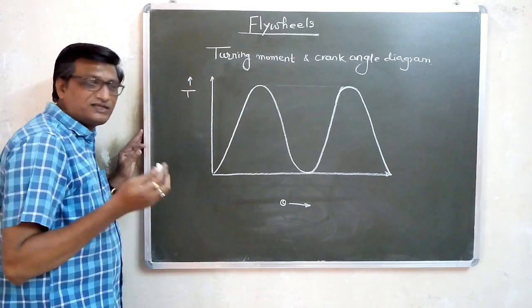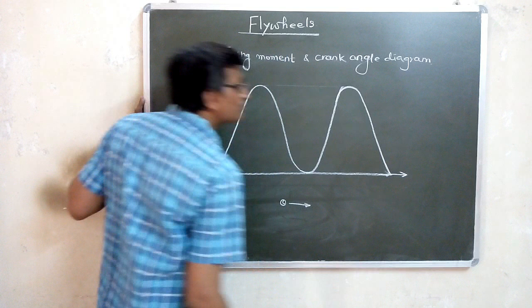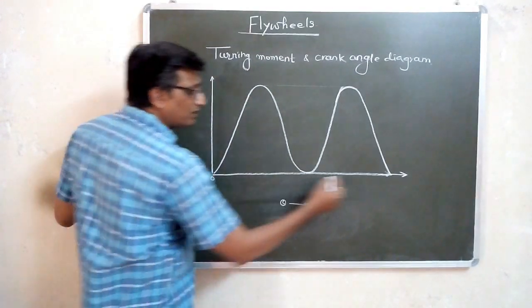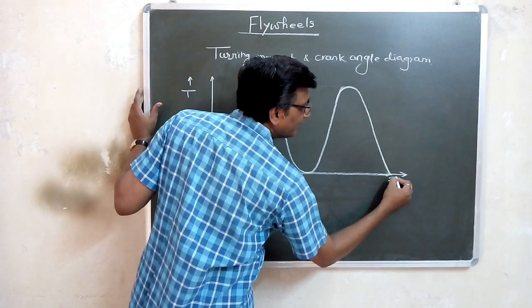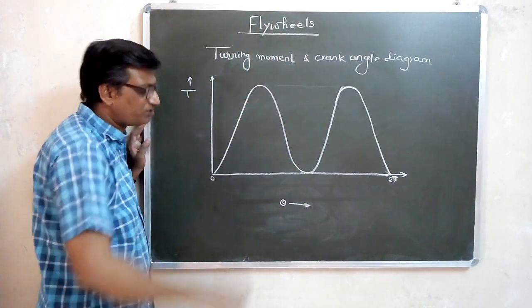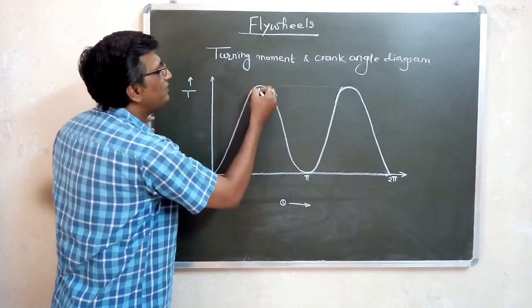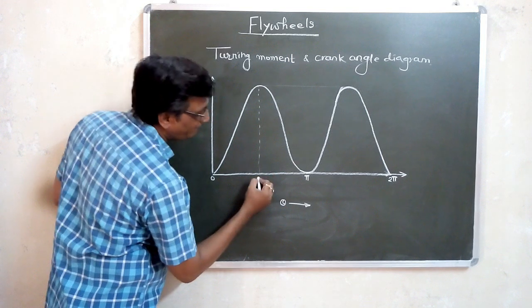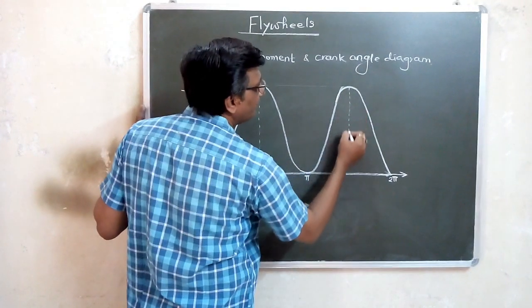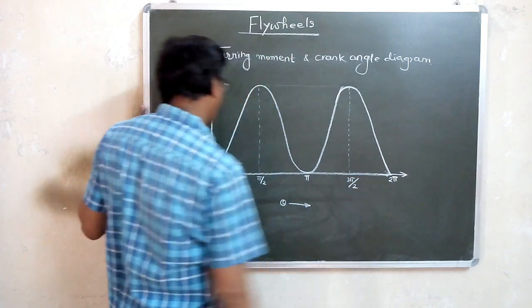As I have already said, this example is for a cycle which is completed within 1 revolution. 1 revolution means your turning moment diagram will end at 2 pi, and after that the cycle repeats. This will be pi, this will be pi by 2, this will be 3 pi by 2.